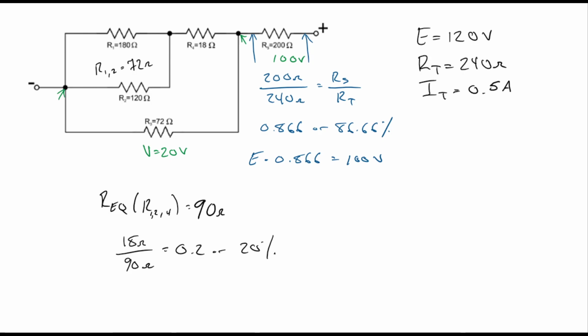Now I can take my V and multiply it by that 0.2, and I get 20 volts times 20% or 0.2, and I get 4 volts. So I know now that there is 4 volts across that component. That means Kirchhoff's voltage law, there has to be 16 volts across R1, and because it's directly in parallel with R2, there has to be 16 volts across R2.